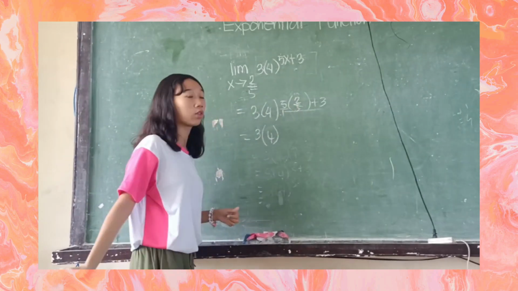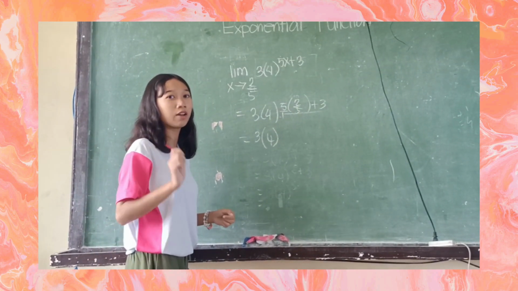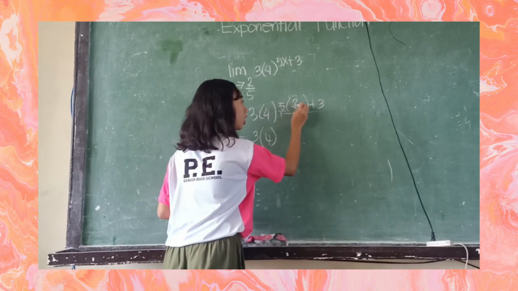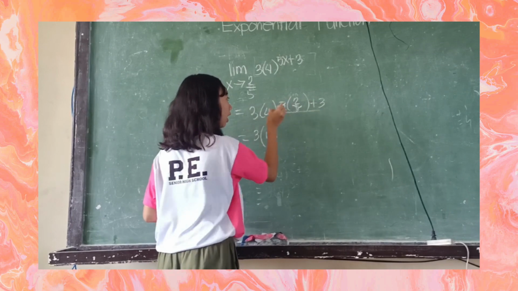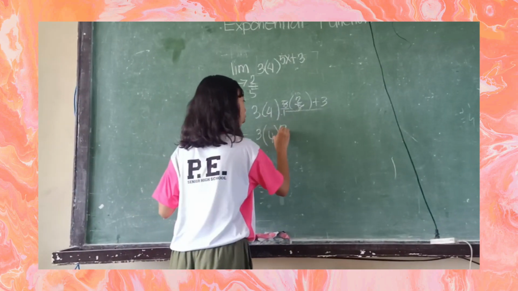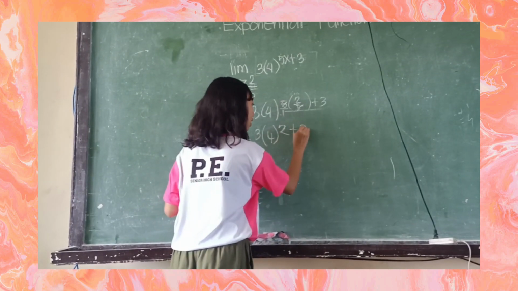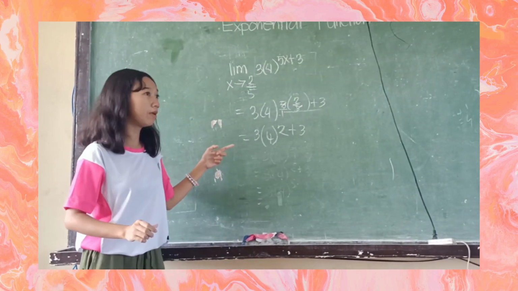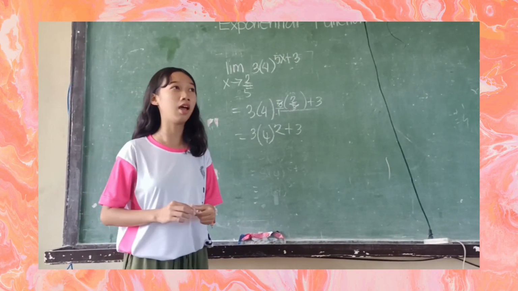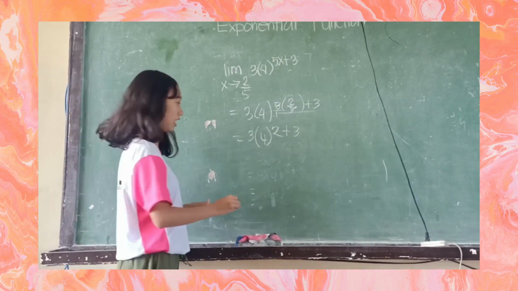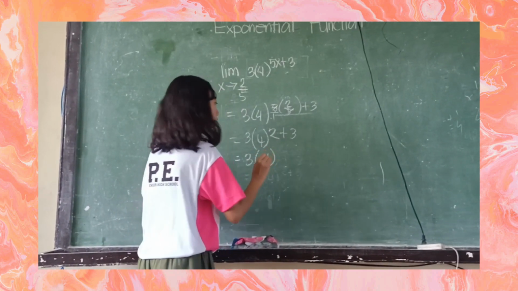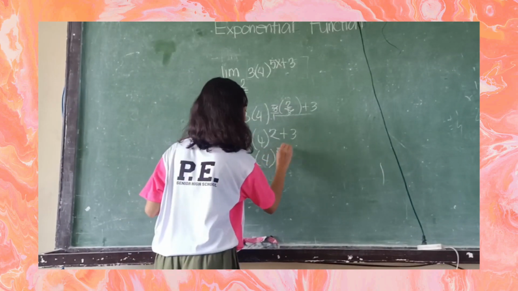We will use the shortcut formula, which is cross multiply. The same numbers cancel, and what remains is 2 over 1, which is 2. Then, coming to the plus 3, what remains is 3 times 4 raised to the power of 2 plus 3, and 2 plus 3 equals 5.